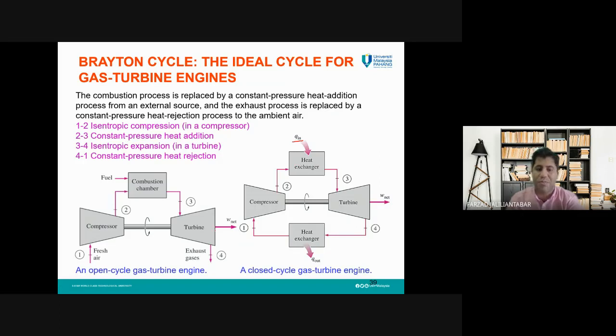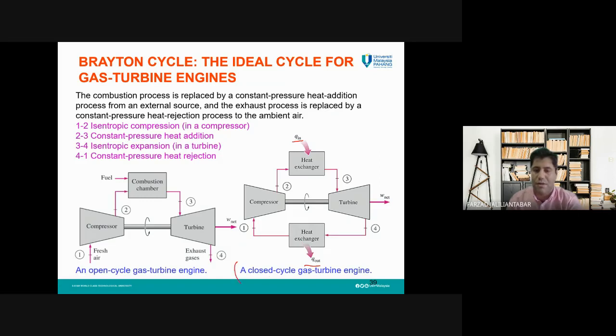And for the heat rejection process, similar to what we had for the internal combustion engine, the exhaust gases will go out from the turbine, but we can assume that we have a cycle and the working fluid keeps moving inside the cycle, and only the thermal energy of the working fluid is rejected to the surroundings from a heat exchanger.